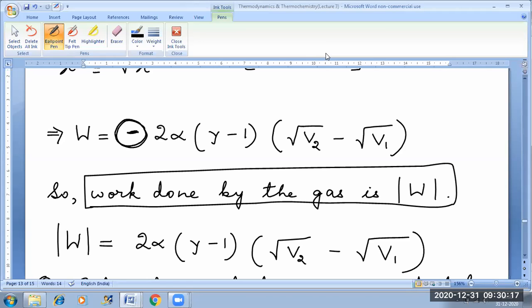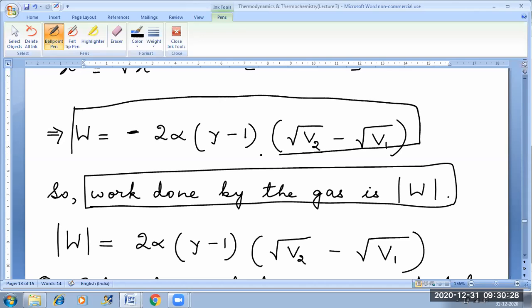Sir, but if work is done by a gas, then shouldn't the total work be negative? Yes, that is what I've done. Work is negative only. This is the value of work, so it's negative. So why are we taking the mod? Because the question has said find out the work done by the gas. When they specify the words by the gas, you must take the modulus and then report the final answer.